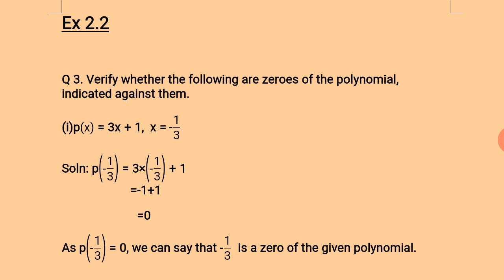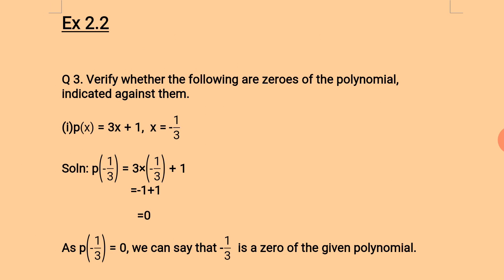You have to just substitute x as minus 1 by 3. So wherever it is x, write it as minus 1 by 3. Then you solve it. Here in this case, when we solve it, we are getting the answer as 0. So it means p of minus 1 by 3 equals 0.